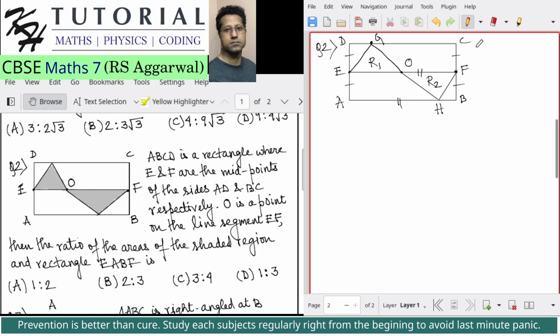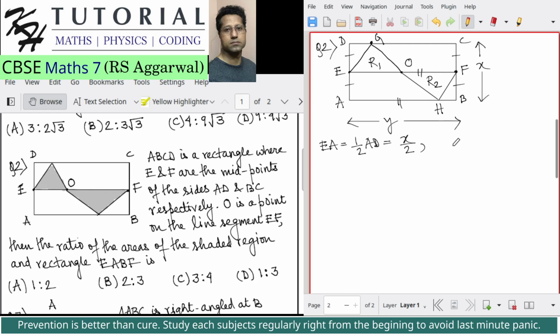So let us assume the breadth of the rectangle ABCD to be X and the length of the rectangle ABCD to be Y. Then EA is equal to half of AD, which is equal to X by 2.